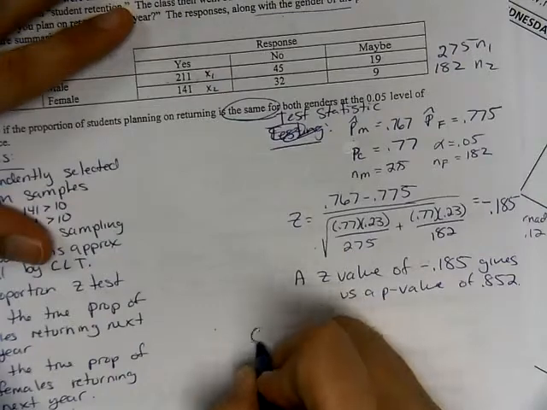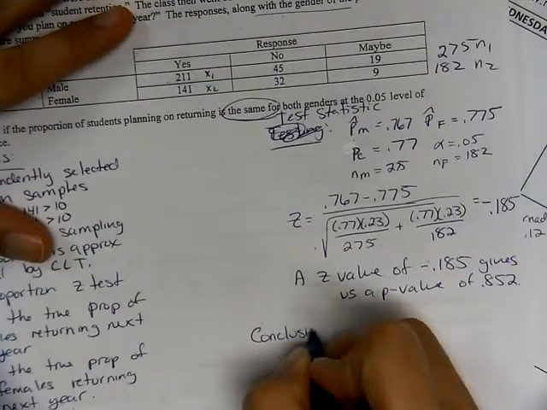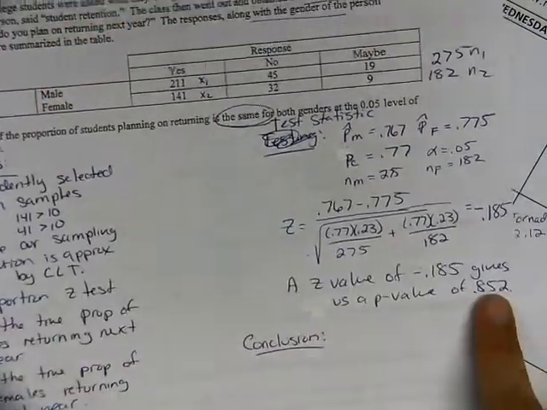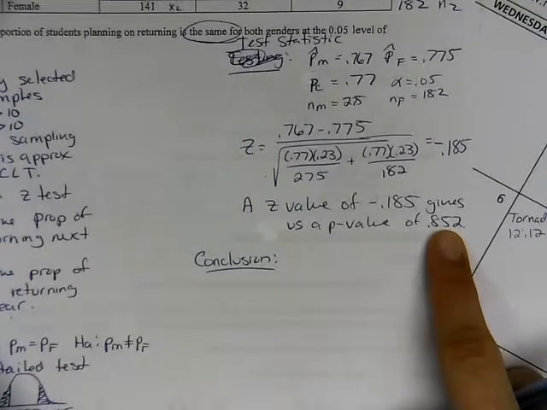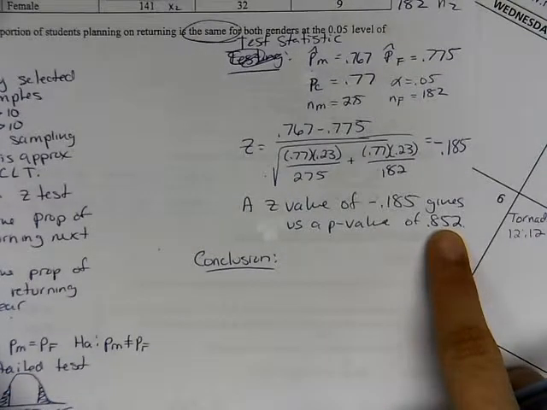Okay, so our conclusion. Is this lower than our alpha? No. So we're going to have to fail to reject. So it looks like the proportion is the same.